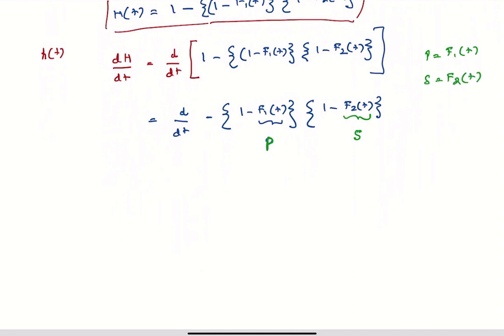Now it becomes a little simpler: d over dt of minus 1 minus p times 1 minus s.